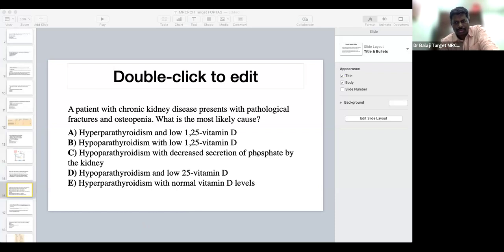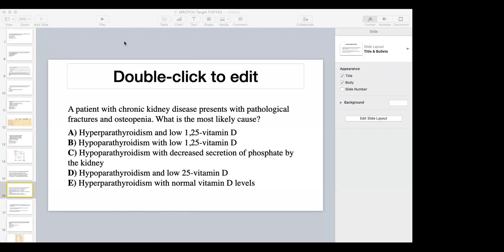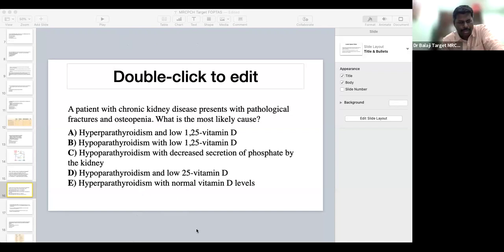So who wants to take it? Hyperparathyroidism and low 1,25 vitamin D. Hyper or hypo, doctor?